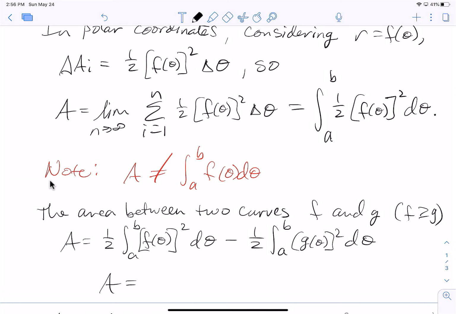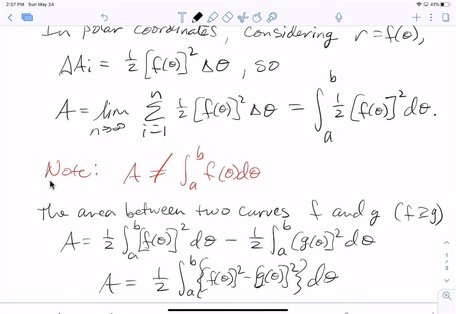And combining these into a single integral, we end up with the area equal to the integral from a to b with a 1/2 out front times f of theta squared minus g of theta squared d theta.